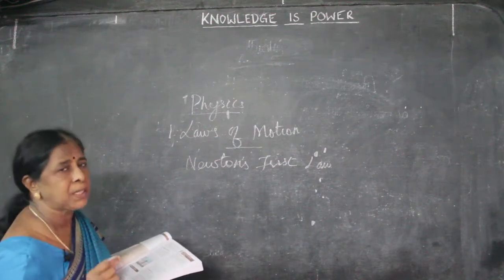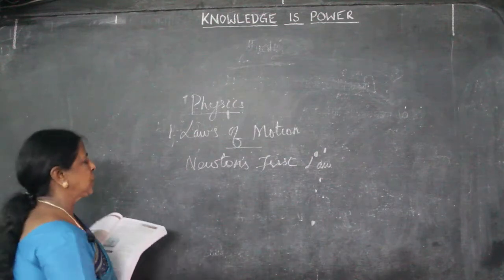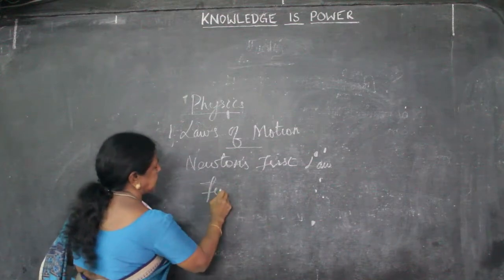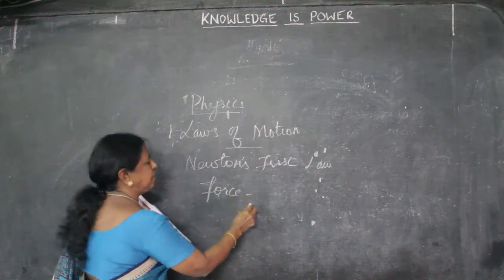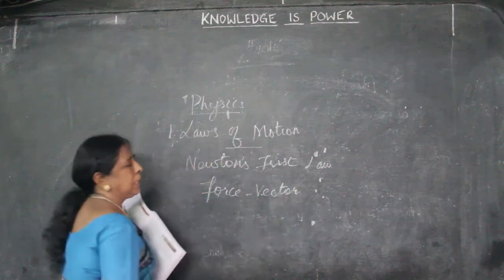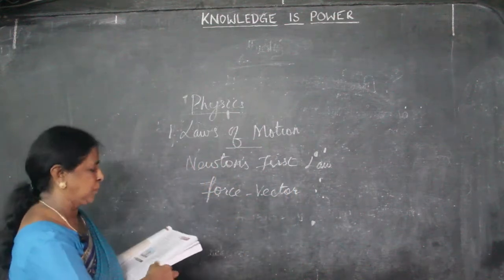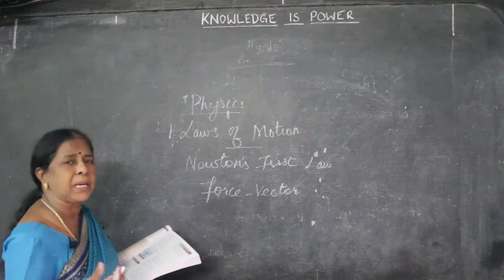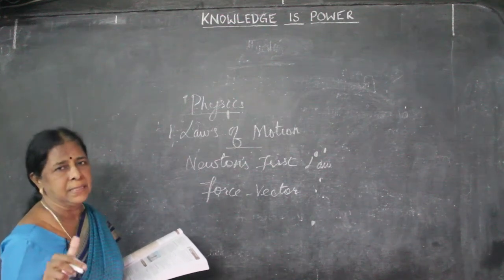Because force has magnitude and direction, it is known as a vector quantity. We would have studied in the lower classes scalar quantity and vector quantity. Force is a vector quantity because it has direction as well as magnitude. Magnitude means what? Mass, that is the weight.